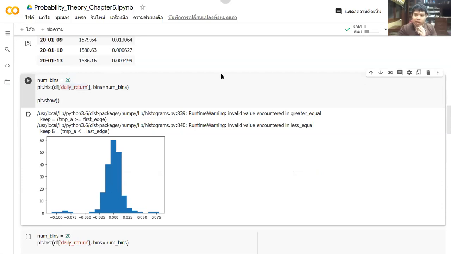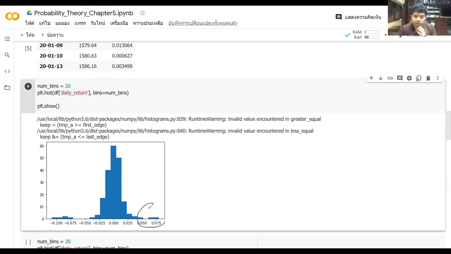So two things that we notice here. First, we have a lot of outliers. So maybe extreme events are very likely and not that rare. That's why we see that there. Another observation is that it is very tight.